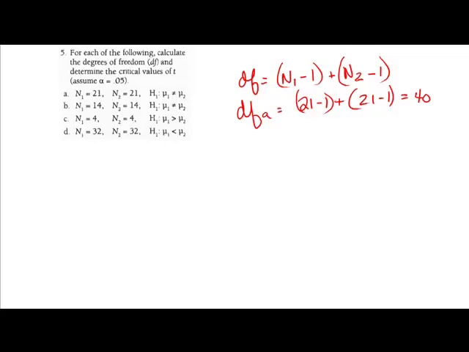There you go. Now the critical value for 40 degrees of freedom, let's see if I can grab it from the textbook real quick.